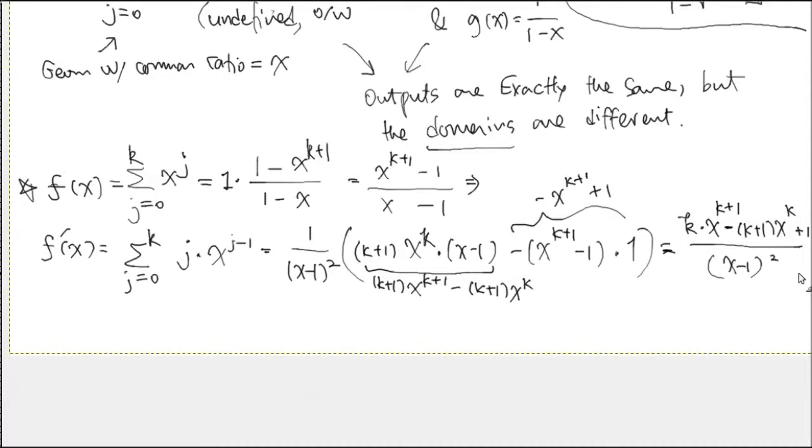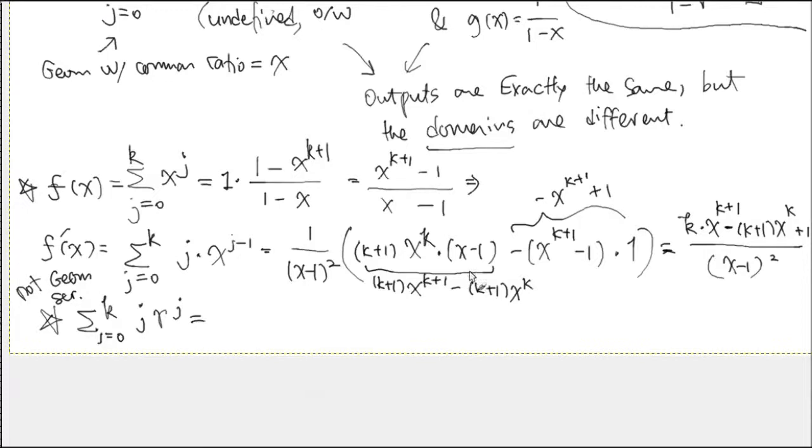So we have a new formula: the sum from j equals 0 to k of j times r to the j. This r to the j is multiplied by j, so if you take the quotient of adjacent terms, it is no longer independent of j. It's not a geometric series. I'm going to emphasize that here: not a geometric series. So we have a new formula for a non-geometric series.